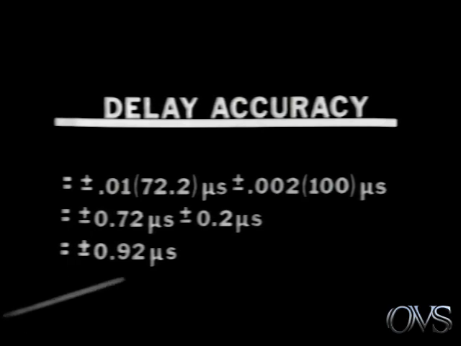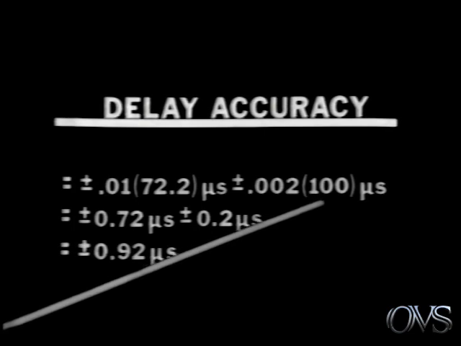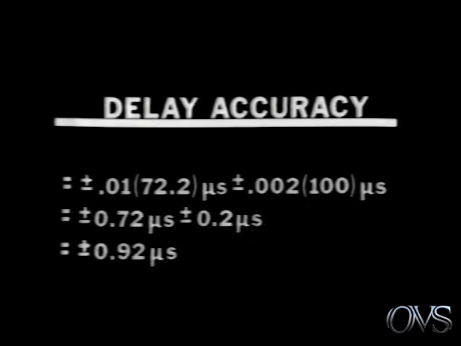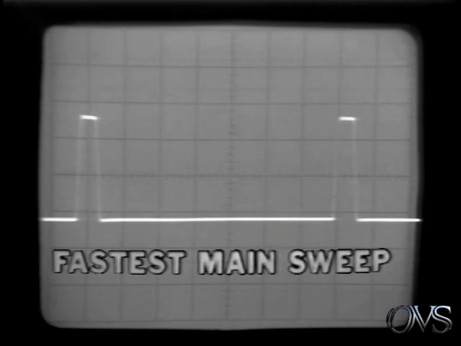Now notice that in computing the delay accuracy, we would approach, but never quite equal, 1% measurements. This is because of the inaccuracy of the delay control. But notice that if we can reduce the maximum delay period, we could eventually approach the 1% accuracy of the sweep. And how do we do this? Well, simply by using the fastest possible main sweep display we can.